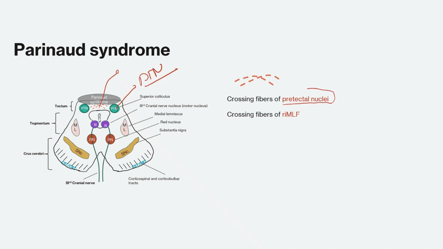One is the fibers from the pretectal nuclei that will result in loss of light reflex. Remember, pretectal nuclei are involved only in the light reflex and not in the accommodation reflex, which I have discussed in my previous video. So there will be loss of light reflex but not the accommodation reflex, and so the eyes can accommodate but not react to light.